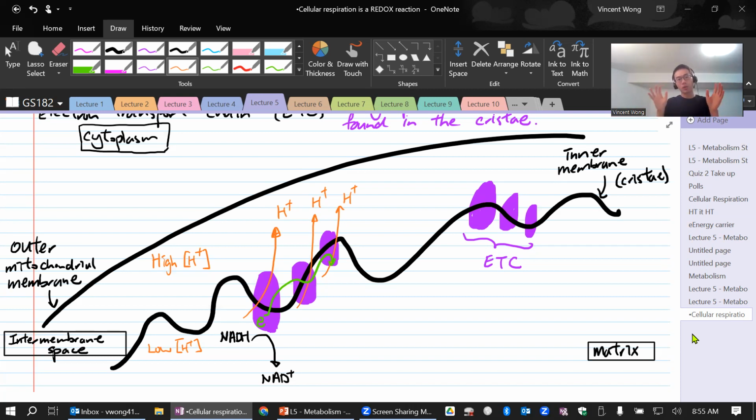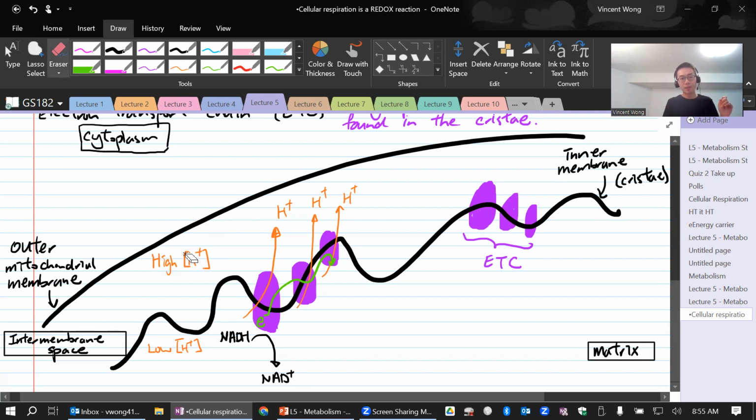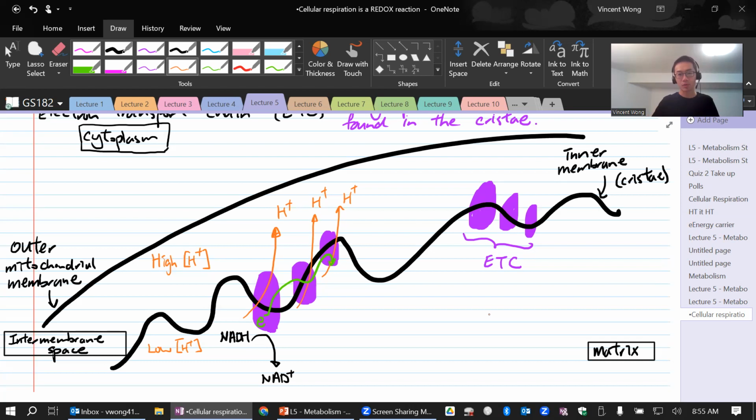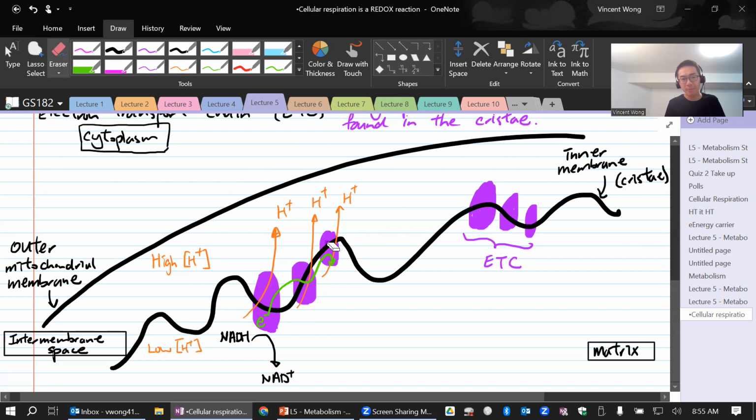What the H plus wants to do is to go from the intermembrane space back into the matrix, right? Because things naturally want to go from high concentration to low concentration, right? But it actually cannot do that because the inner membrane is acting as a barrier, right?